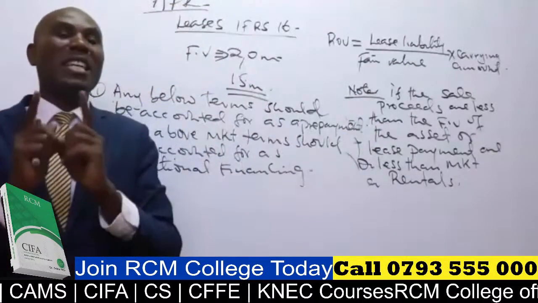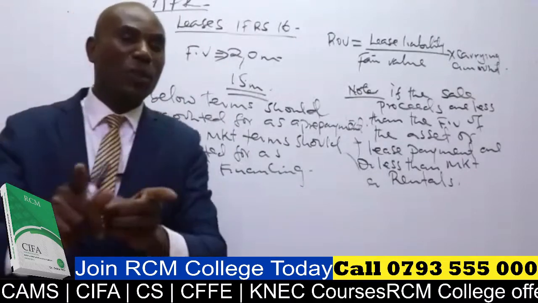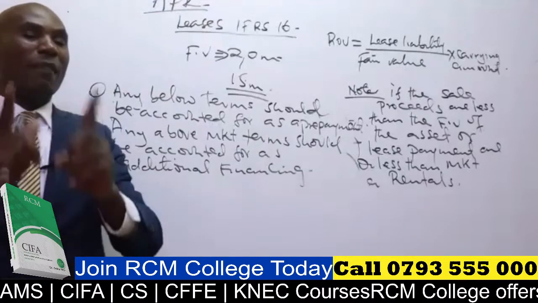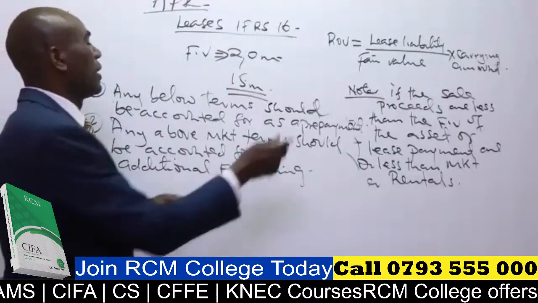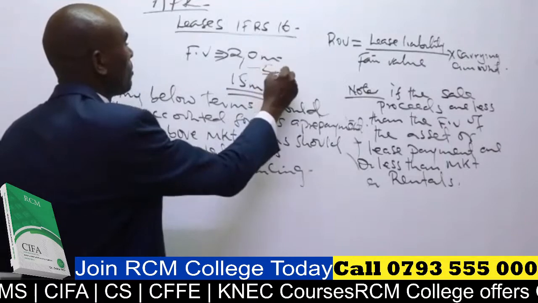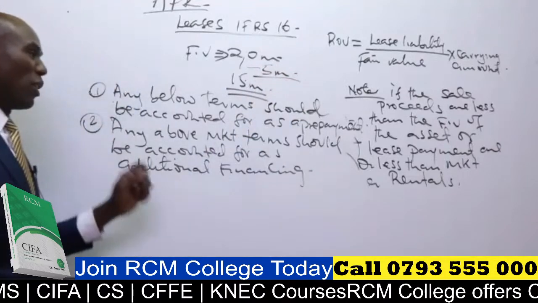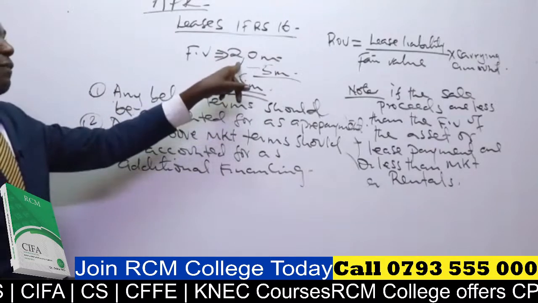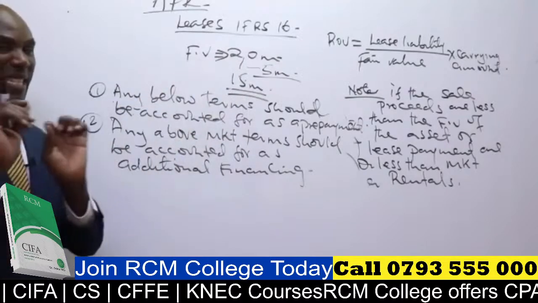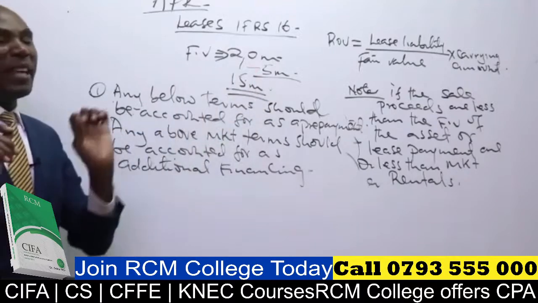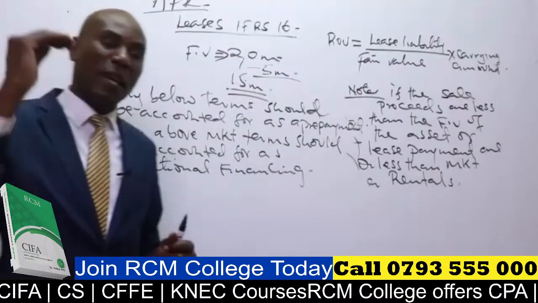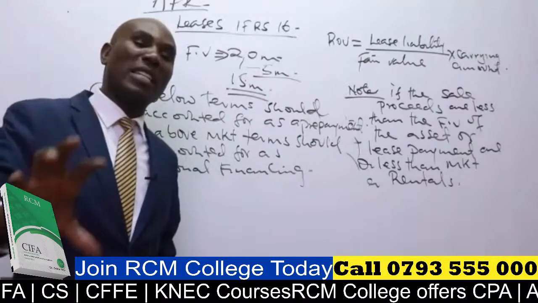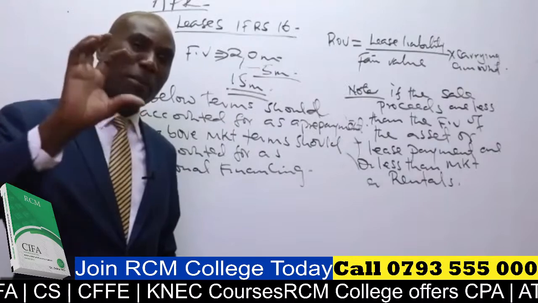Me, as the seller of the asset, I have made a prepayment to you when I lease the asset back. I have made a prepayment of the difference, which is 5 million. Any below terms means I received 15 million, but the fair value was 20. Therefore, I received 5 million less. Therefore, when I will be paying for that asset, I have already made a prepayment.